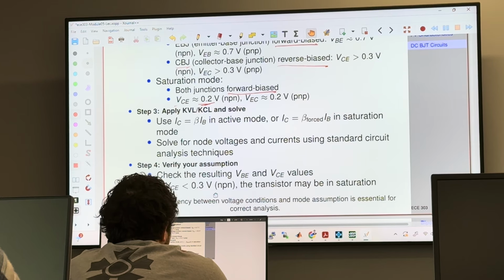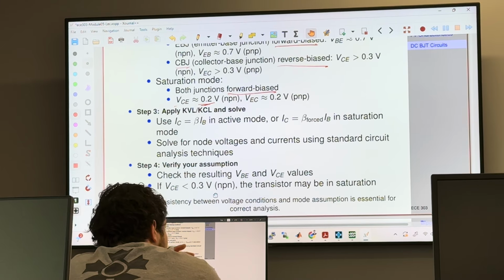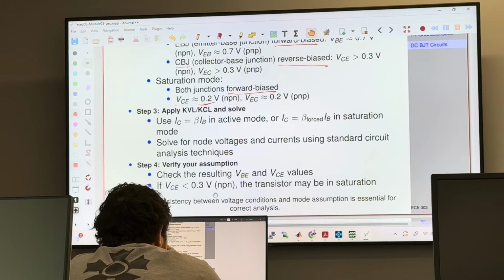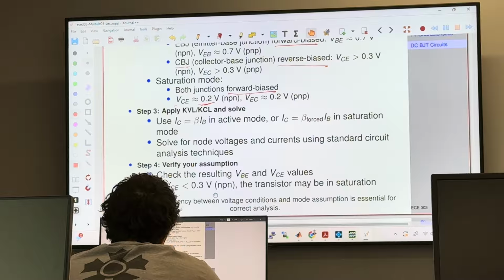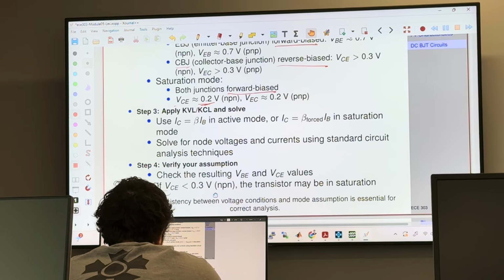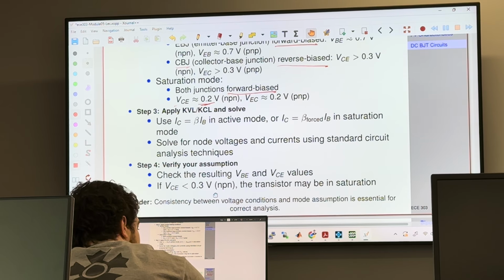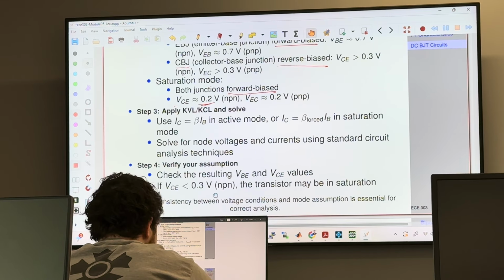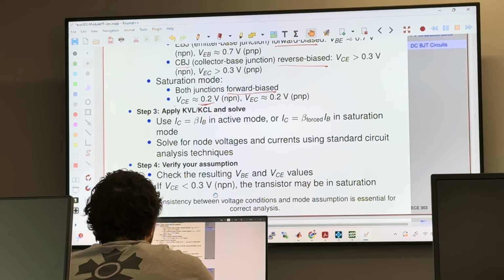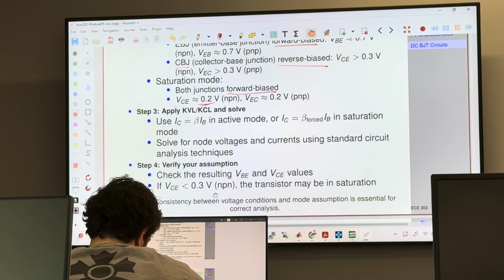So make sure you determine collector voltage, emitter voltage, and base voltage, and based on the differences in these voltages, VBE, VCE, and VCB, you will be able to determine whether or not the transistor is operating in active mode or in saturation. Whether or not the transistor can be used as an amplifier or as a switch.